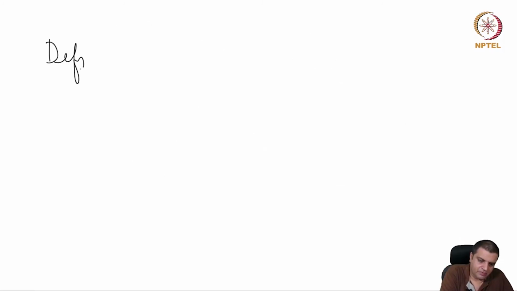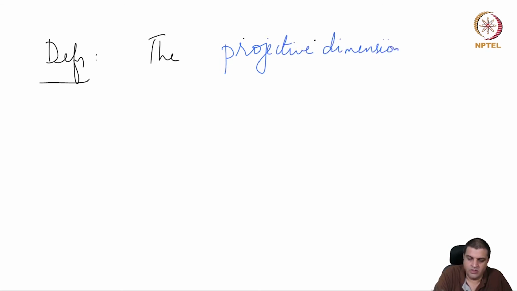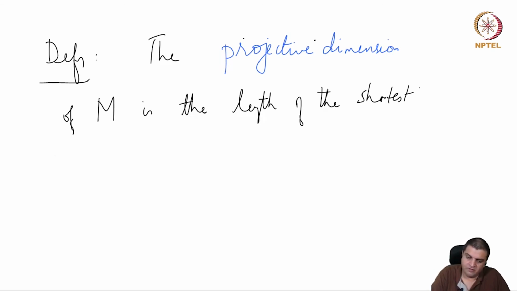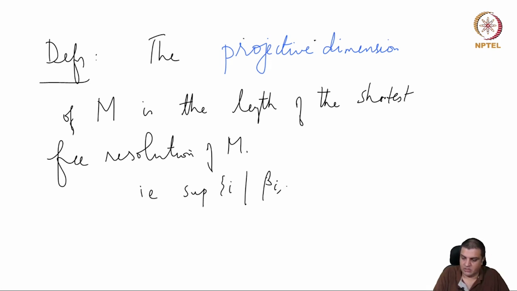We just want to define, just to become familiar, the projective dimension of M. The projective dimension of M is the length of the shortest free resolution of M, or in other words, in the graded situation we are discussing, that is the supremum of i such that beta i j of M is not 0 for some j.